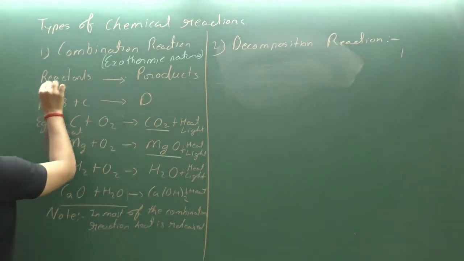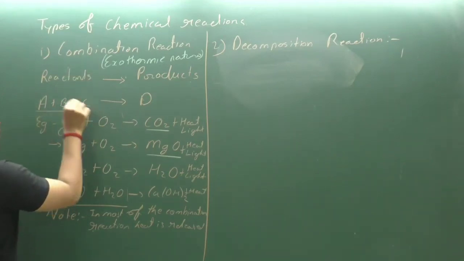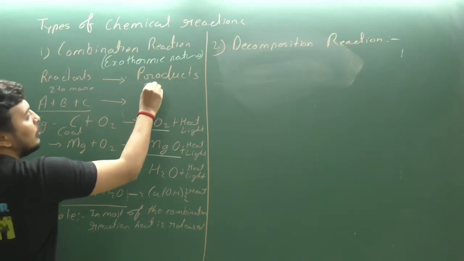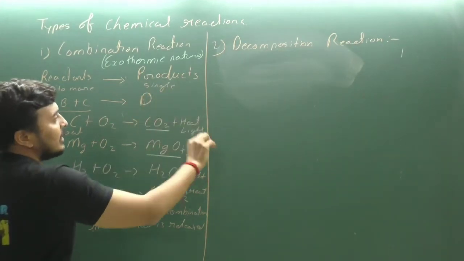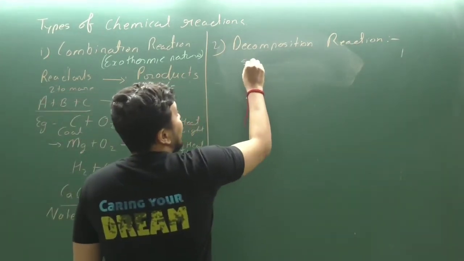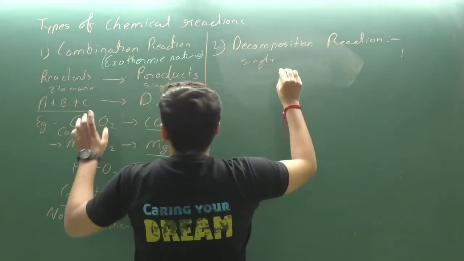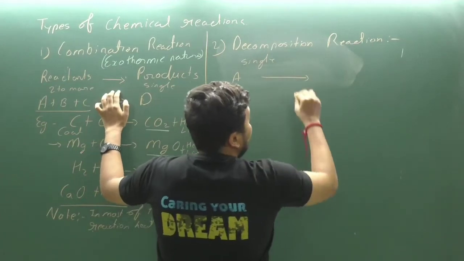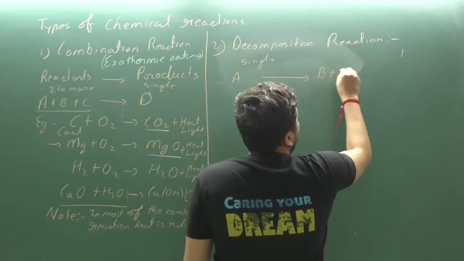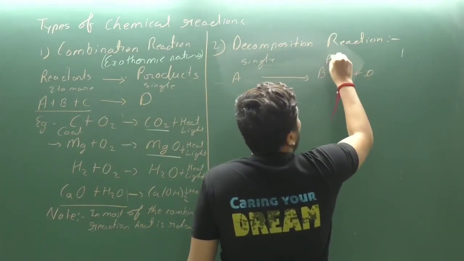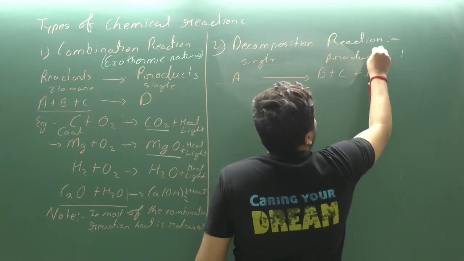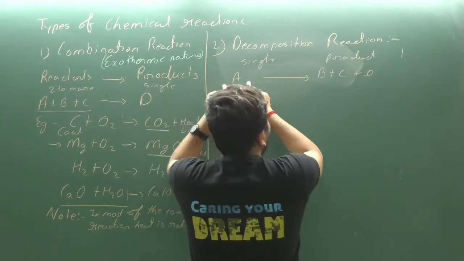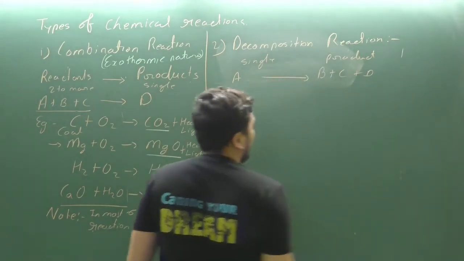See here, what is the combination reaction? Two or more reactants combine and form a single product. Here, opposite to this one, a single reactant divides into two or more products.